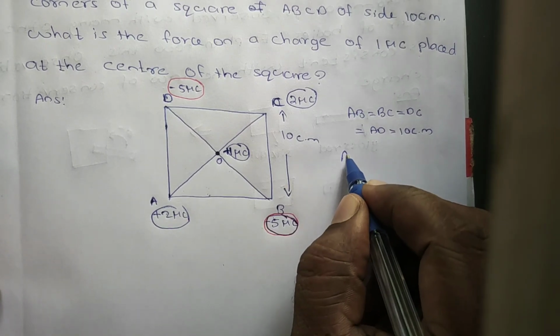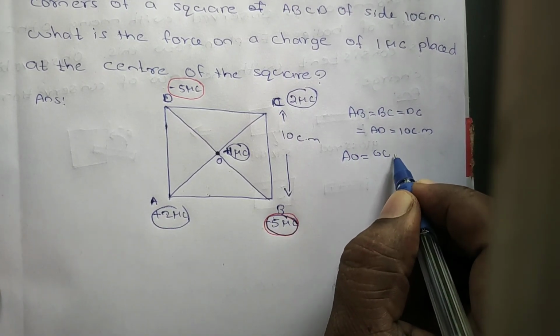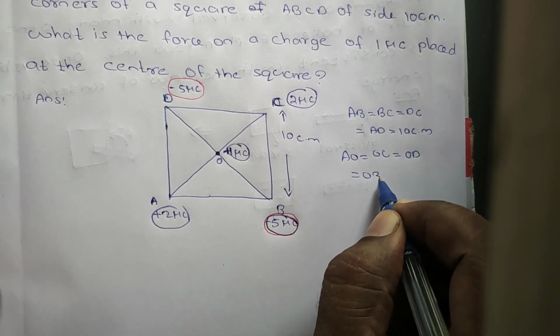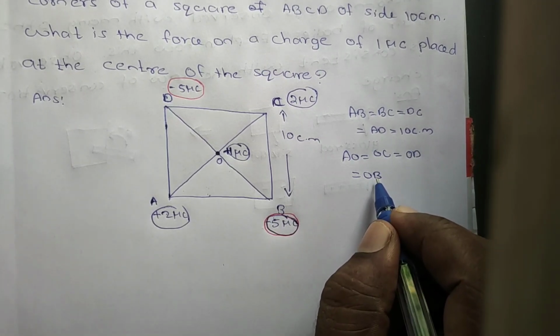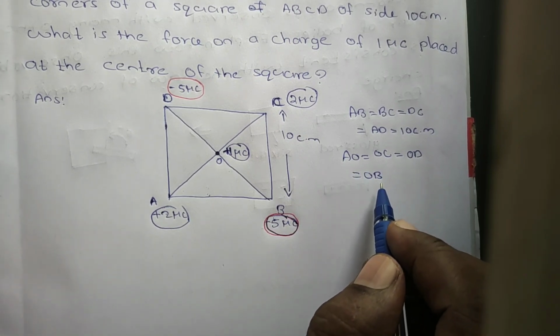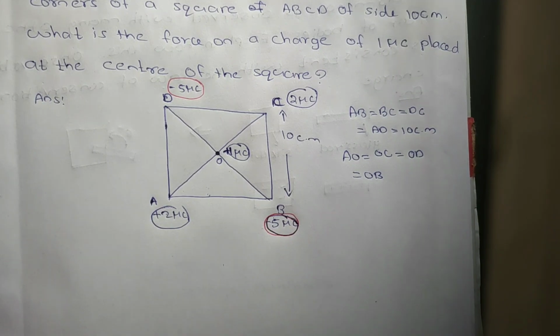That means AO is equal to OC is equal to OD equal to OB. We can find the values of OA, OC, OD and OB, but it is not necessary.